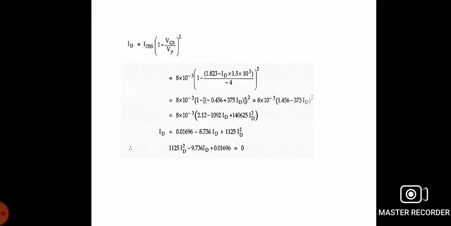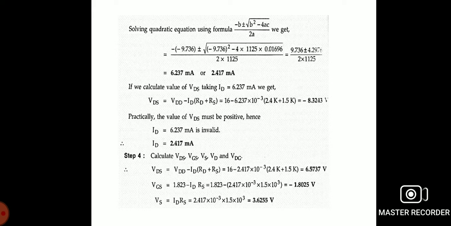Now let us move to the equations. We solve the quadratic equation by the formula minus b plus or minus root of b square minus 4ac, divided by 2a. Here we are applying the initial values to the JFET configurations.